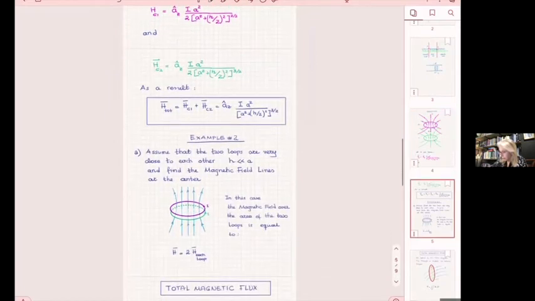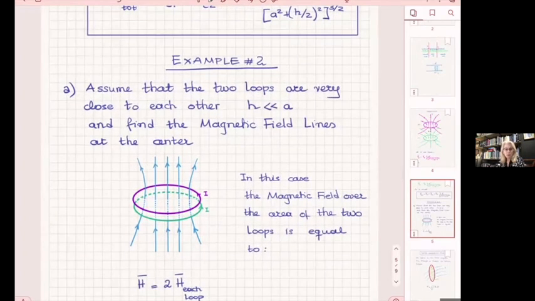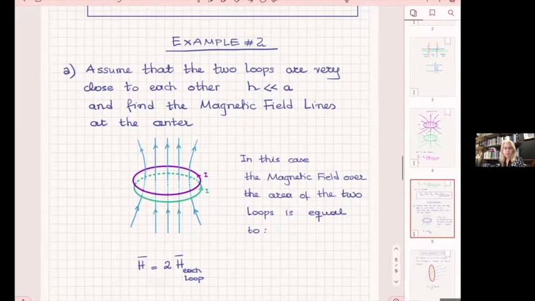Now, what happens if I bring the loops very close to each other? They don't touch, but they are very close. What happens to the two loops? Practically, because the loops are identical, they are as if they are one loop, but with twice the value of the current.